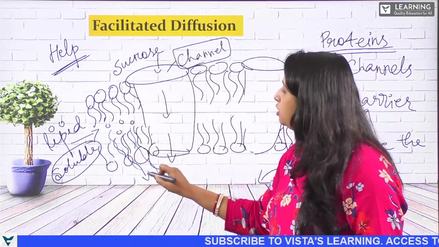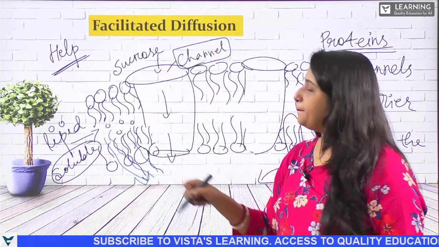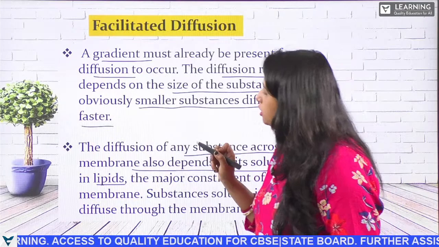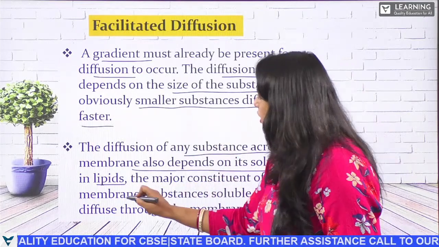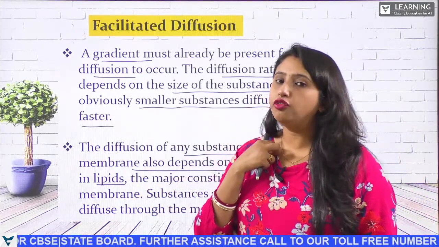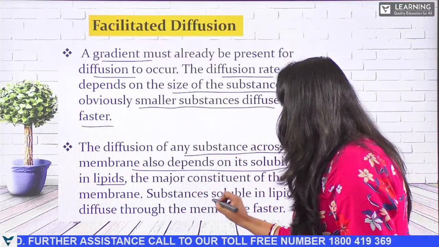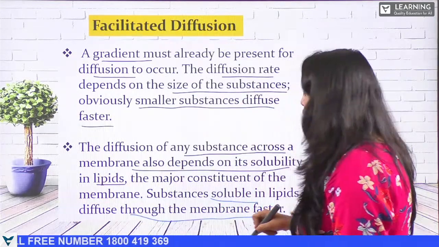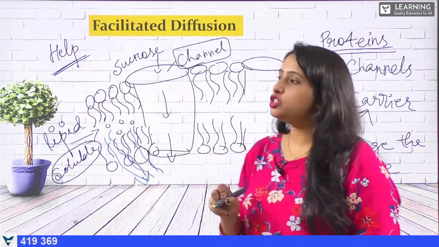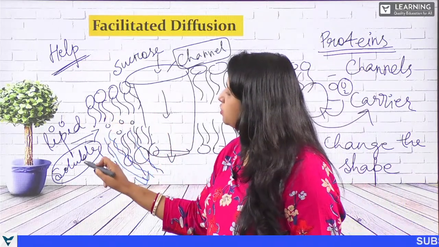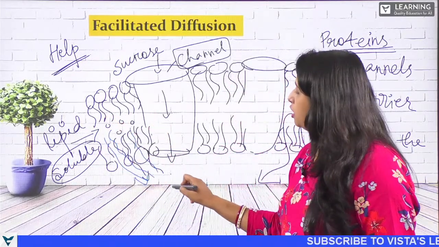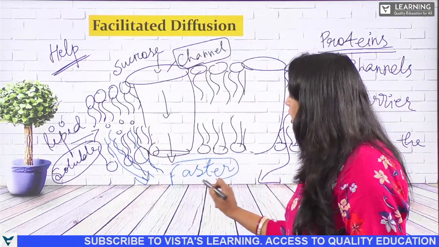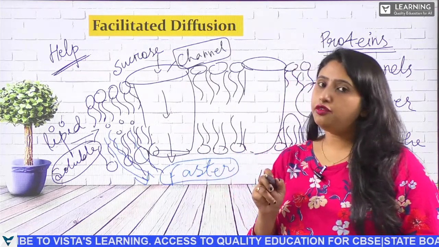The major constituent of the membrane is lipid, so substances soluble in lipids diffuse through the membrane faster. Substances which are soluble in the lipid can pass through the plasma membrane at a faster rate.